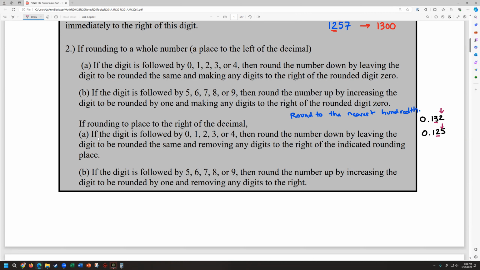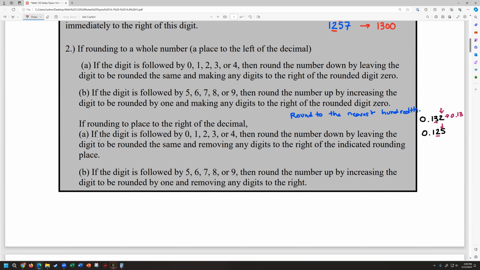If a 0, 1, 2, 3, or 4 is behind the digit you're rounding to, you do not change it. It would just be 0.13, and we drop off any values to the right of our rounded digit. So you don't add zeros in there. That's different because when we had a whole number, if you dropped off the numbers, you'd be changing it just to 13, and that's not what that rounds to.